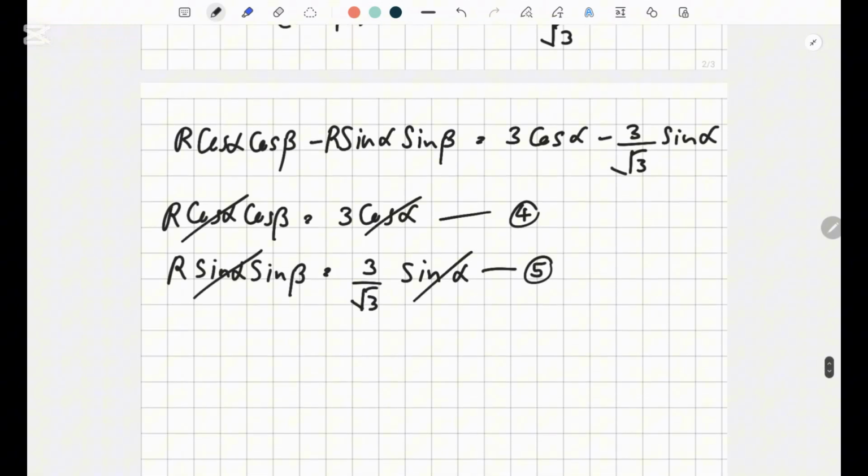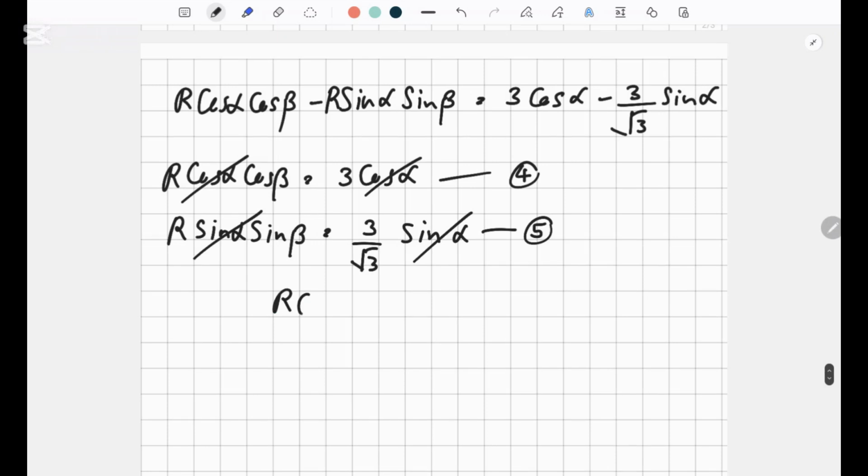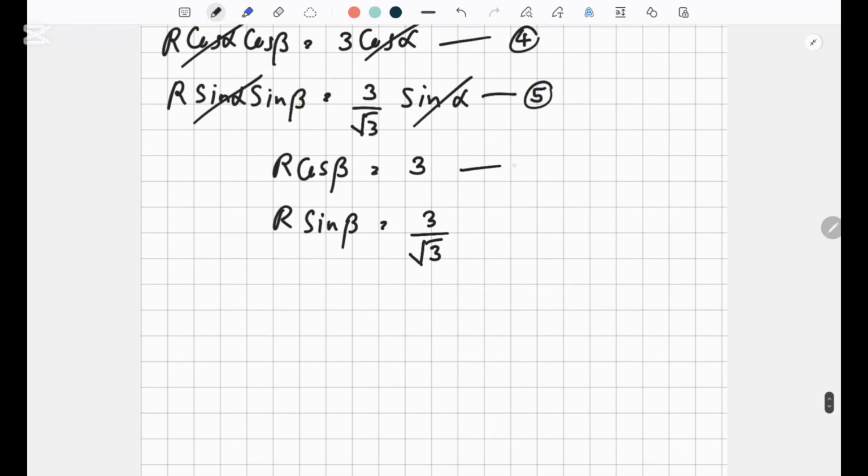So now you have R cos beta equals 3. R sine beta equals 3 over root 3. Now you can divide these two, right? Let's put equation 5 over 4. So this gives you sine beta over cos beta, which is tan beta.